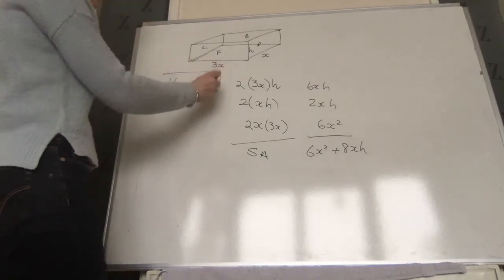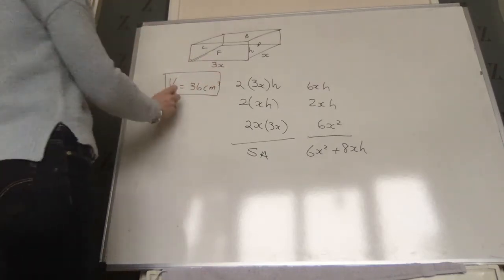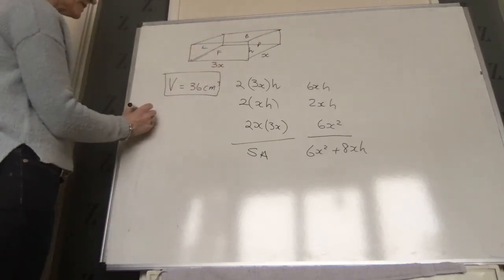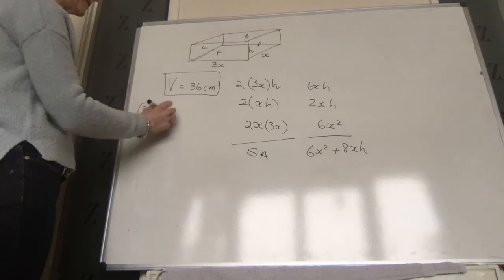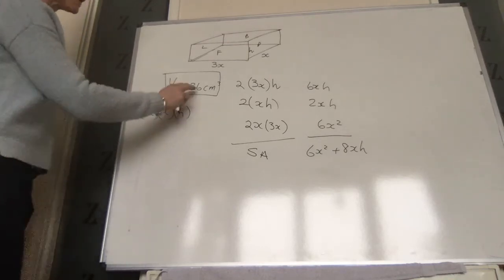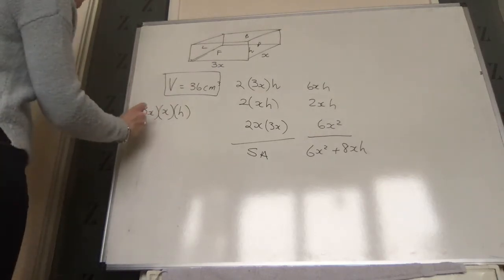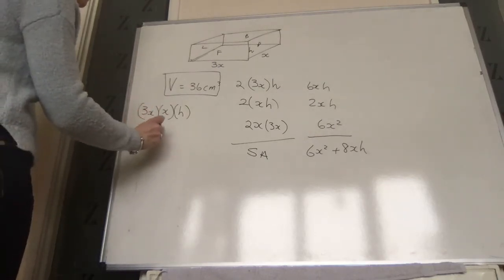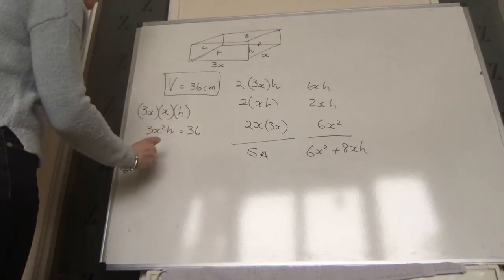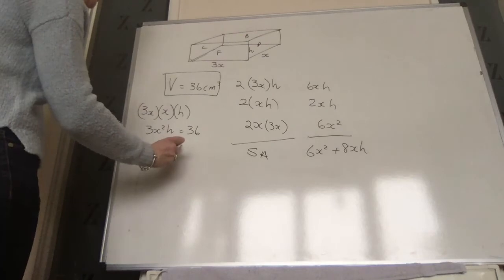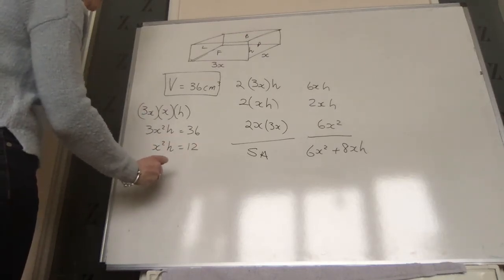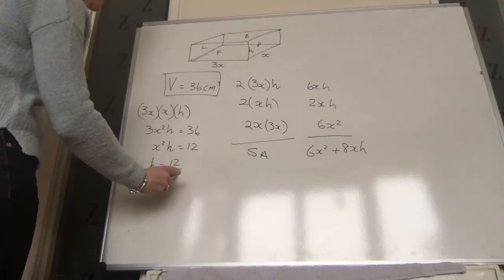So we need to remember we have an extra piece of information. The volume is 36 centimeters cubed, but we know the volume of this box is length by width by height. So we know that 3x by x by h equals 36. That's 3x squared h is equal to 36. Divide by 3, x squared h is equal to 12. h is equal to 12 divided by x squared.